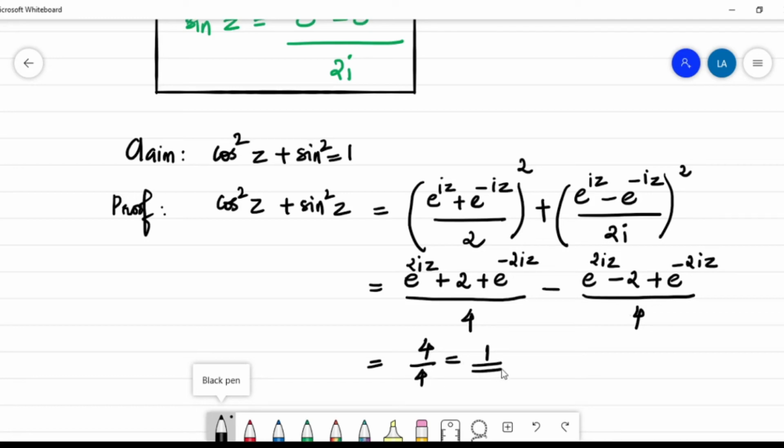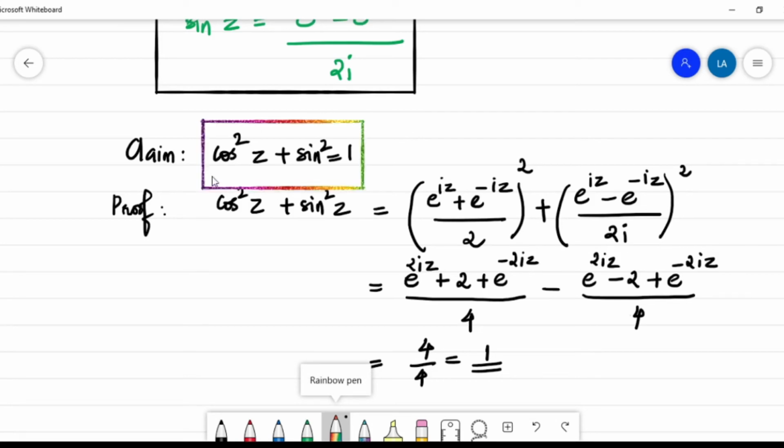So thus we proved our claim. So that is another important property which connects sine z and cos z. The sum of the squares of sine z and cos z is equal to 1.